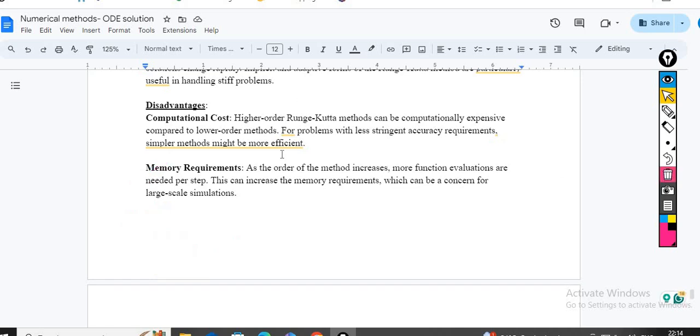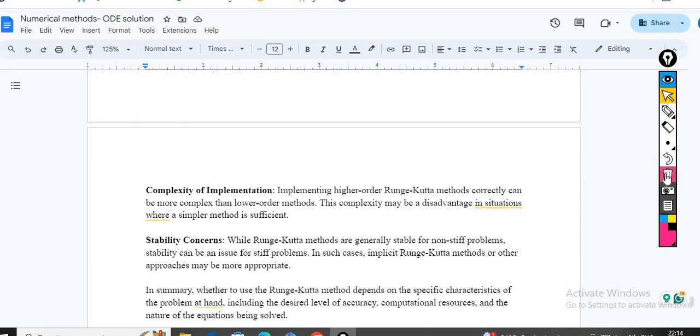As we have a number of K1, K2, K3, K4 values, when you want a higher value of accuracy, you need to pay a higher cost. The computational cost is very high. Obviously the memory space required is also very, very high, because you have to keep different values of K1, K2, K3 and calculate the function values for each and every case.